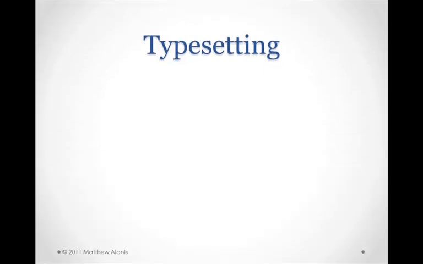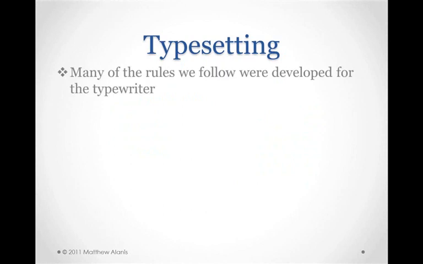Now that we've gone over typefaces a little bit, let's discuss some differences in typesettings. A lot of the standards that we use and a lot of the guidelines that we follow were developed when we utilized the typewriter, and they were just things that people didn't adapt to, for lack of a better term. And there's been a lot of transition in terms of what's considered to be the industry standard or a guideline, so to speak, for actual typesetting, which is the writing that we actually use with word processing software.